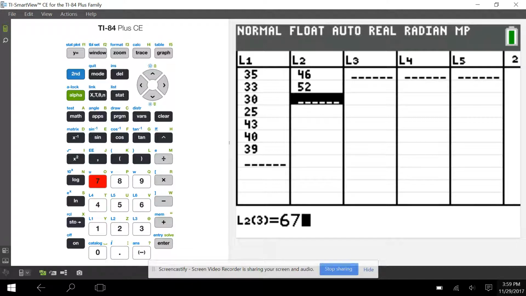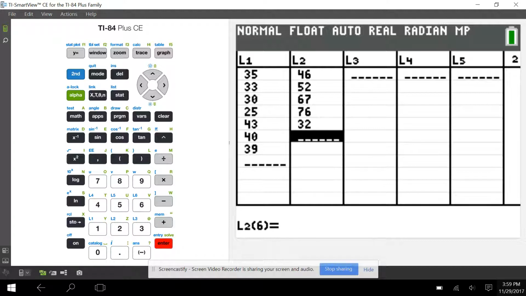This takes a long time, doesn't it? I should have some music. 76. I'd sing for you, but that'd just make y'all cry. Uh-oh. Nope, that's right.